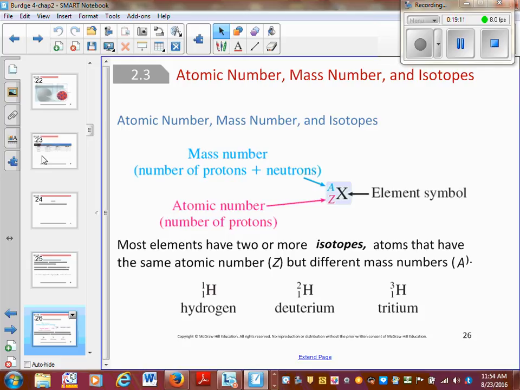If we go to deuterium, mass of 2, atomic number 1 again, because it's hydrogen. How many neutrons? 1. It has 1 neutron. How many protons? 1. The atomic number is the number of protons. How many electrons? 1.